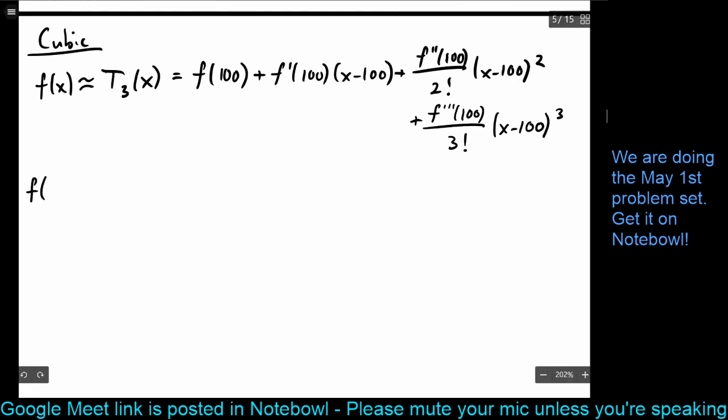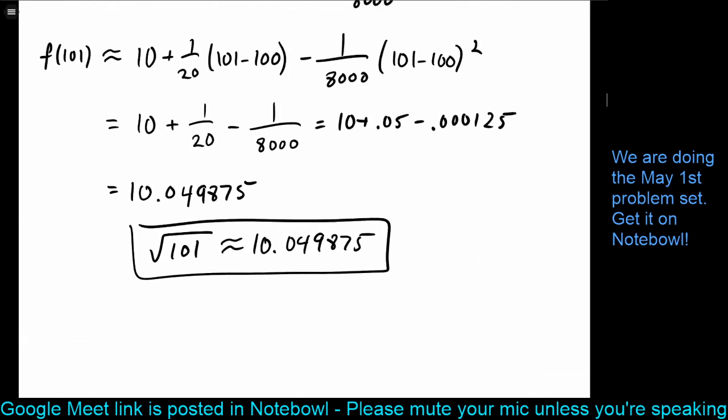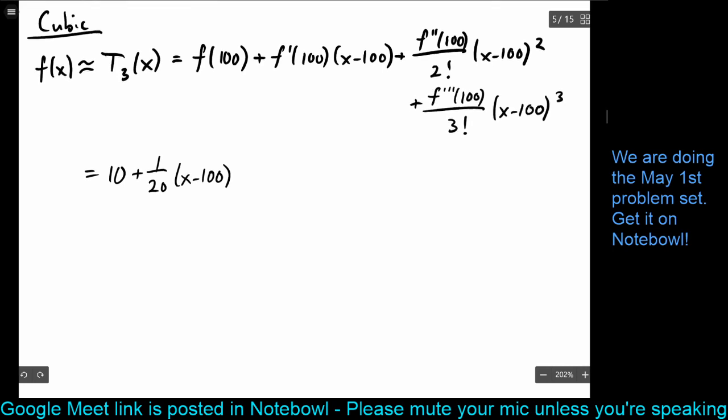So, actually, sorry, let's write out this polynomial. So this is 10 plus 1 over 20, x minus 100, minus 1 over 8,000 x minus 100 squared.